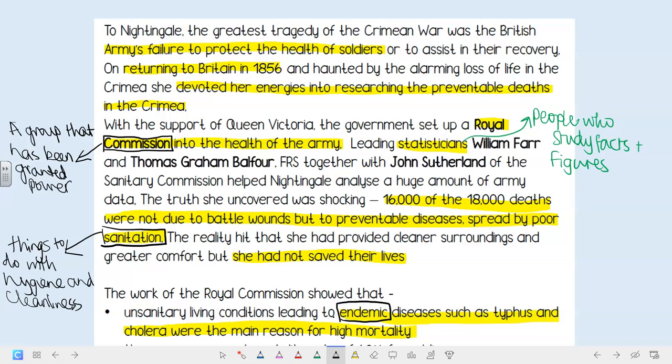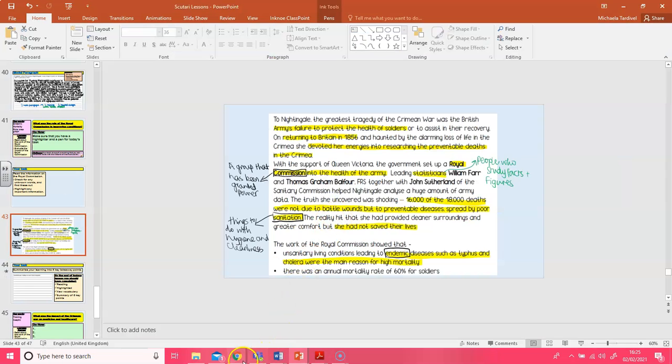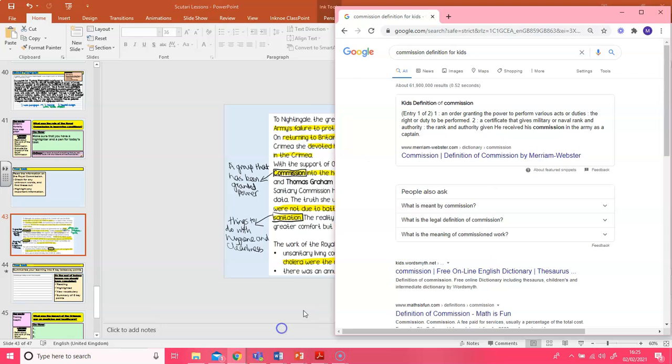So let's have a look at what that means. So I'll go back to my Google, and I'm going to use the same search, but I'm going to put in the word endemic.